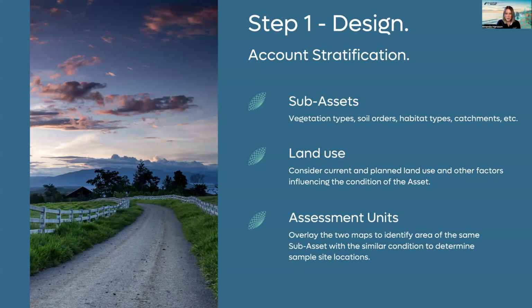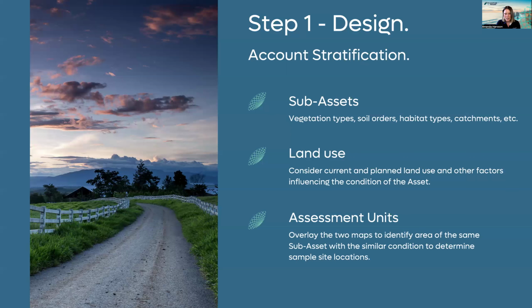So you might have different parts of the area that are dedicated for different purposes, such as an area meant for grazing and another area meant for revegetation or restoration. Whatever it is that influences the broad condition of the area, you need to break down into its own separate components. To generate assessment units, we intersect or overlay these two maps.